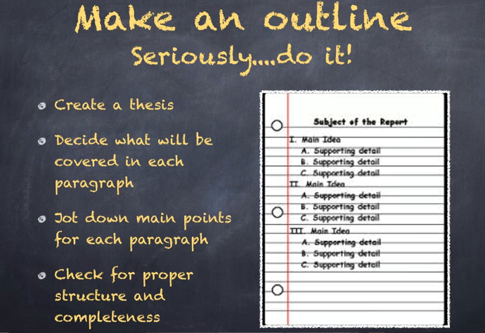Does the point I'm making in this paragraph actually belong earlier in the paper or later in the paper? It's much easier to do that at the outline stage than at the review stage, because you don't have as much stuff to move around. You don't have to rewrite sentences because you decided to move things around.